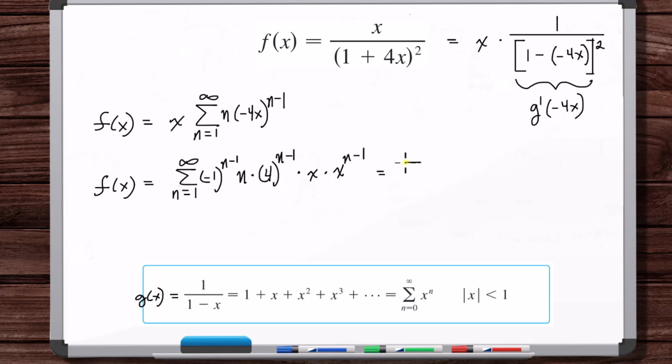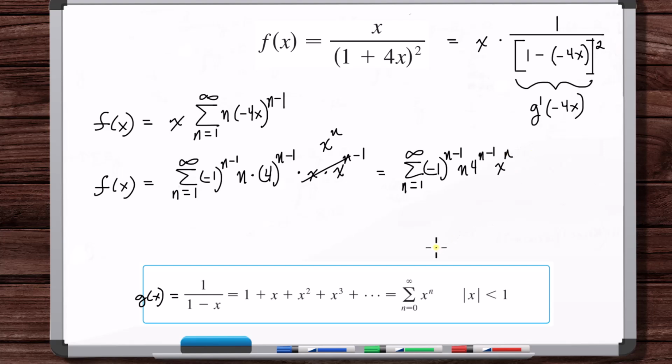Okay. What do we have? Minus 1. So x to the, this is going to be x to the n. That's nice. So this is just n 4 to the n minus 1, x to the n.